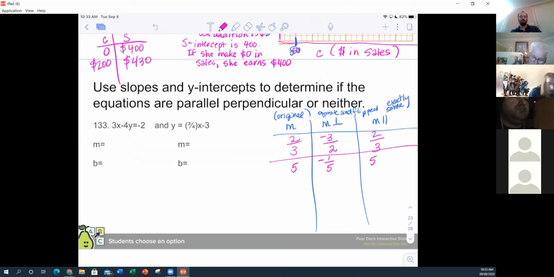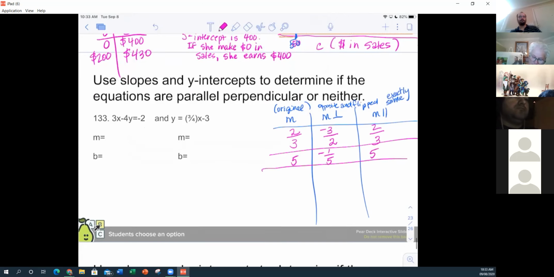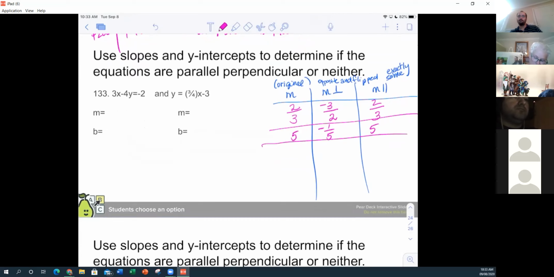Parallel would still be just 5. Let's say that the slope is -7/8, then the perpendicular would be +8/7. You always take the opposite sign and flip it for the perpendicular. For the parallel, it's exactly the same number.